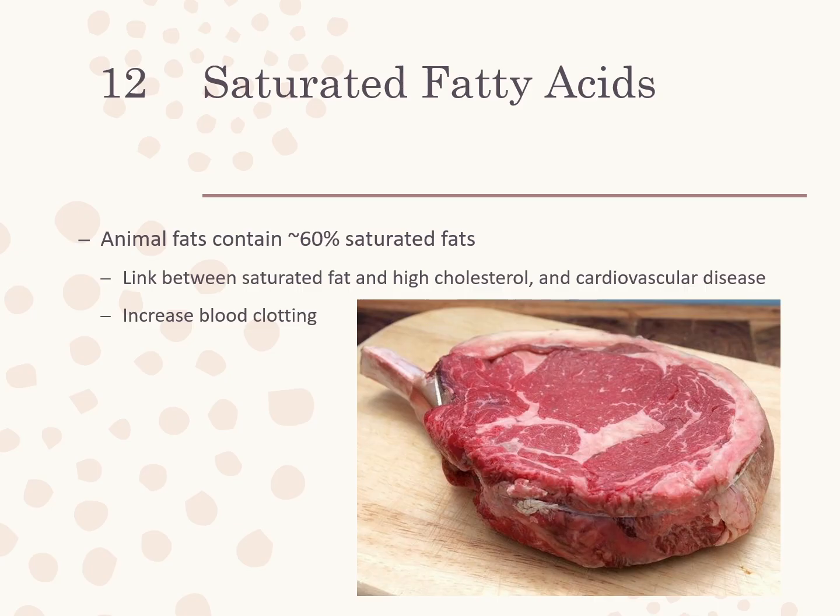It can also increase our risk of blood clotting, and we'll talk about that at the end of this unit when we cover the digestive process associated with fats and why consuming a high amount of saturated fats can be problematic. So it's important to try to limit the amount of saturated fats we consume, because we see a link between a high consumption of these types of nutrients and our risk of cardiovascular disease.